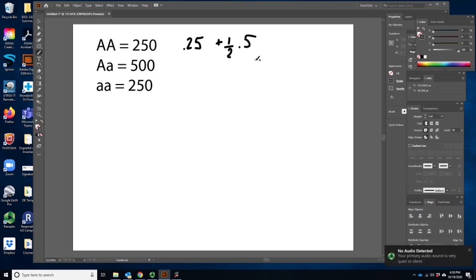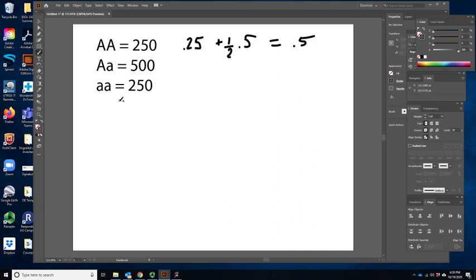Pardon, it's a little hard to write digitally here sometimes. So that gets us beginning. We just add that in. Half of 0.5, of course, is 0.25. So 0.25 plus 0.25 is 0.5. So our p-value is 0.5.